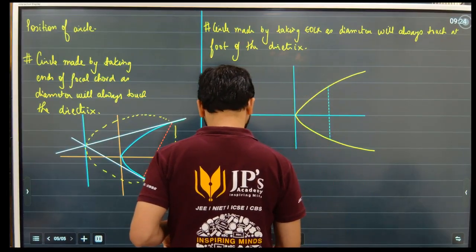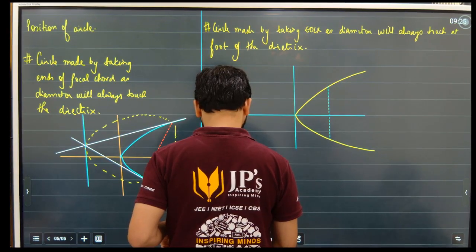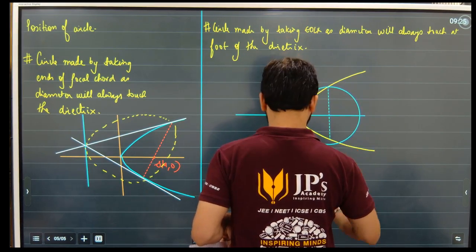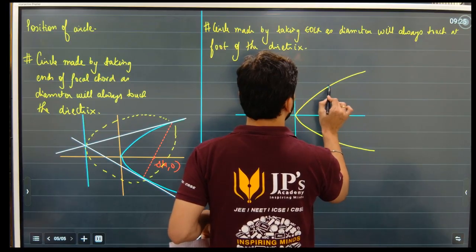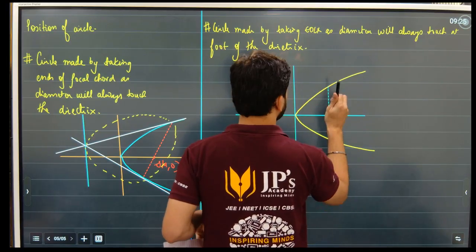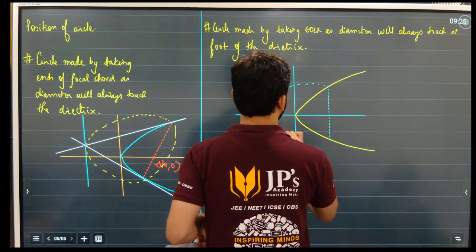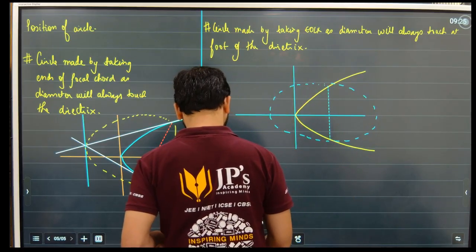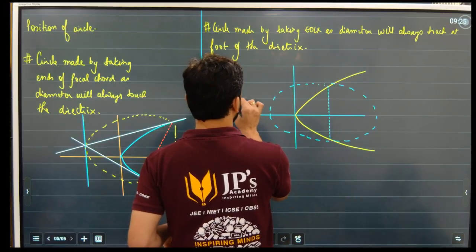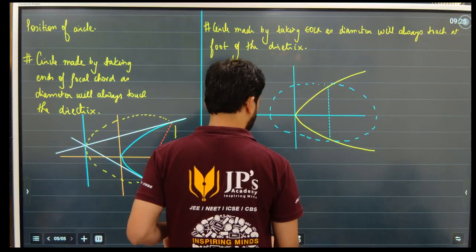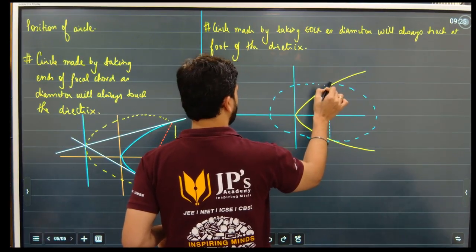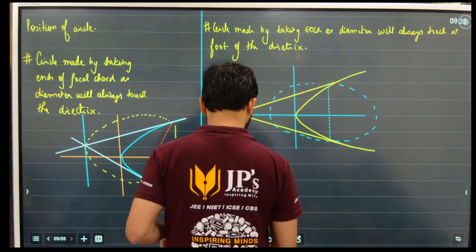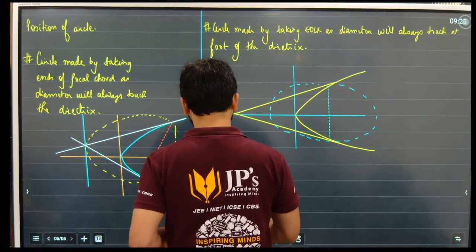Latus rectum. सर्कल थोड़ा बड़ा बनाना है. Yes, oval circle, guys. Enjoy. Oval circle और वो directrix से टच होगा. So remember this कि अगर ऐसे बनाया मैंने तो ऐसे होगा, यहाँ पे टच होगा and it will pass through the directrix.